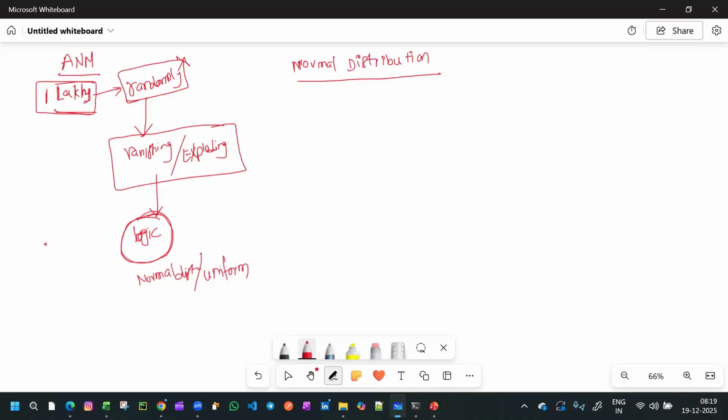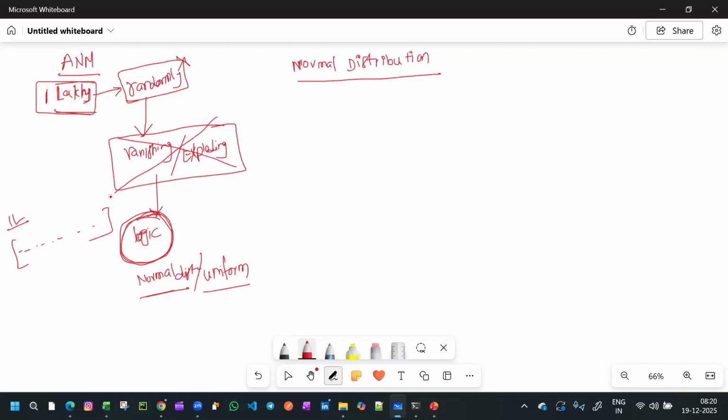So my 1 lakh set of weights data is distributed normally or uniformly. That is what the logic says. If you initialize the weights with normally distributed values or uniformly distributed values rather than randomly, then this problem will be much reduced. Not completely, but it will definitely reduce somewhat.